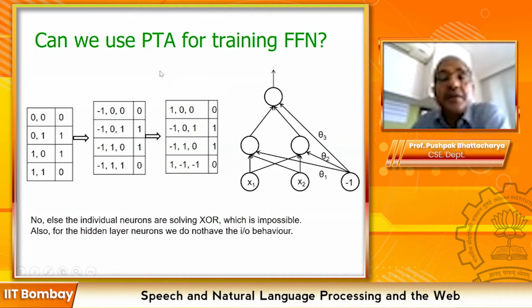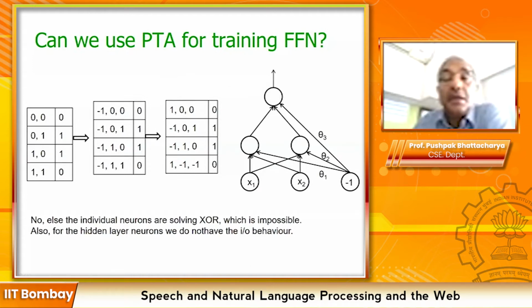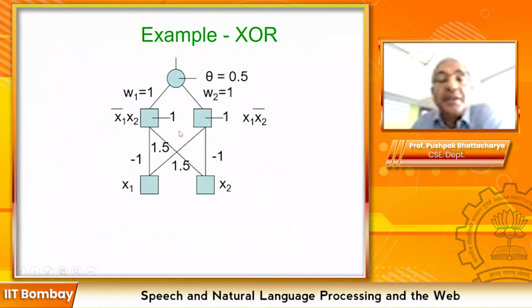So perceptron training algorithm requires labeling of the data. Okay, 0, 0, 0, 0, 1, 1, and so on. So if a neuron has to compute by perceptron training algorithm, then the output for that neuron for the input has to be known. Now see that in hidden layer neurons, I do not have the label specified.